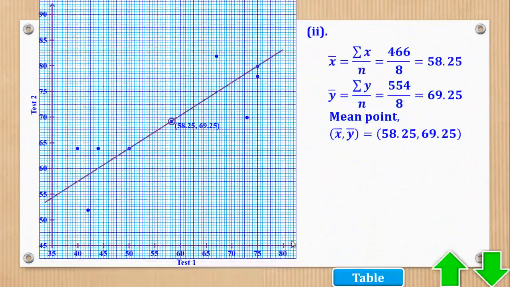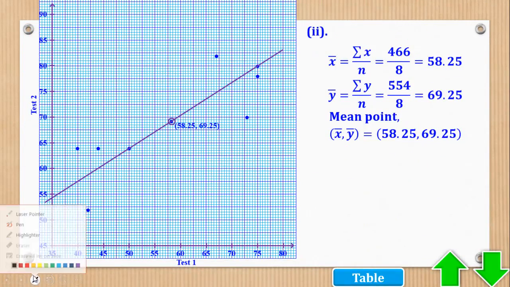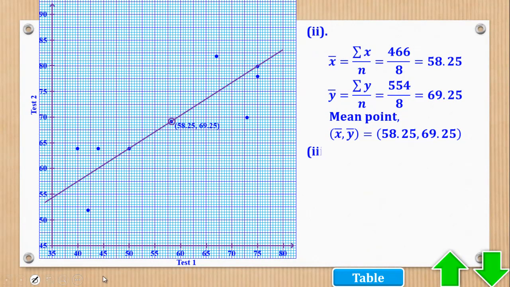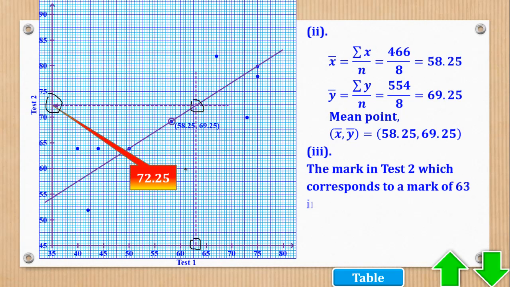We shall go to test 1 and look for 63, then draw a vertical line up to meet the line of best fit, then draw a horizontal line to meet the vertical axis and read off that value, which is 72.25. And that was part A.